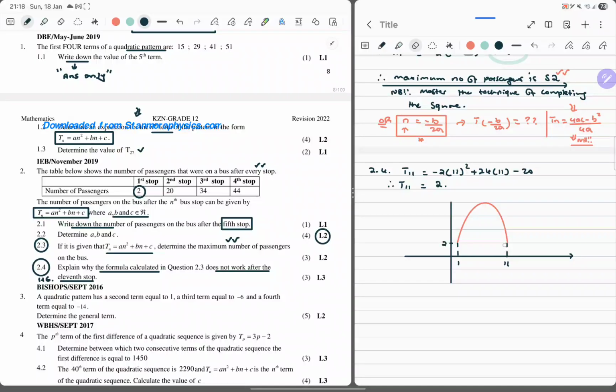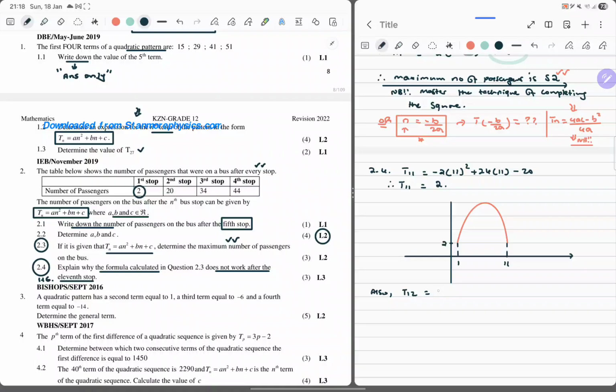So why does this not work? It means the x-intercept does not exist because it's not a whole number, and this means the next term is going to be negative. Let's check it out. What is T12 going to look like? Again, guys, these questions demand a lot of carefulness and a clear understanding.